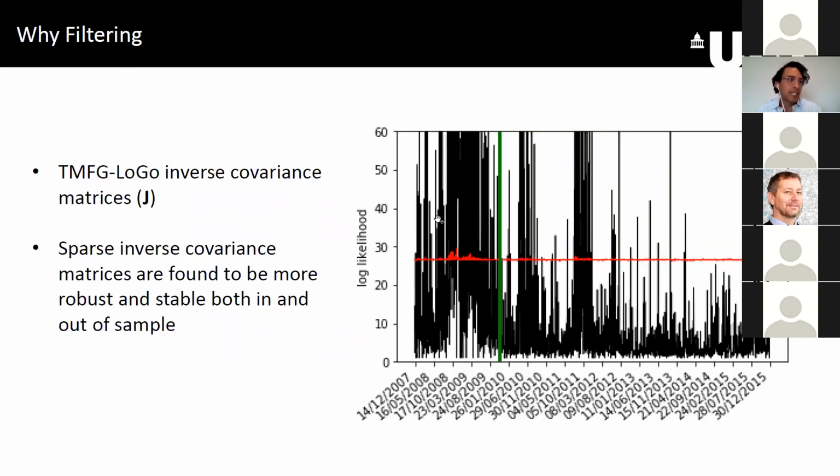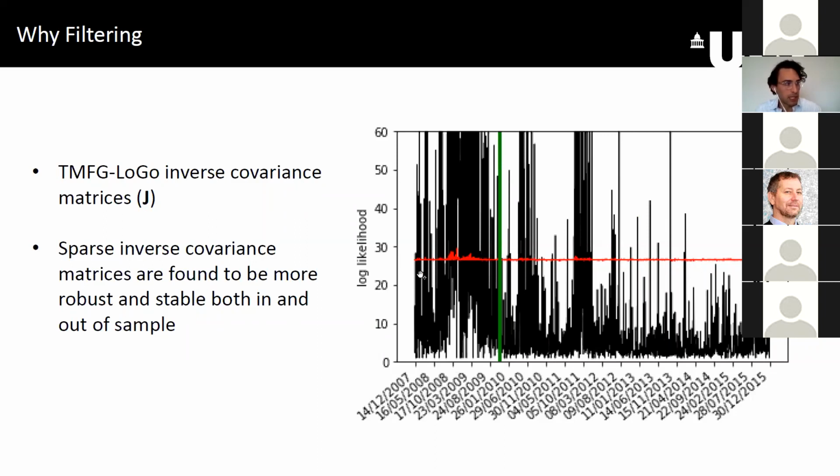The black lines are the daily likelihood observations using a full covariance matrix, and the red line, the same thing using the filtered matrix, the TMFG LoGo matrix. As you can see, the likelihood computed when filtering the matrix is significantly more robust and stable. It's clear from the chart, it's a completely different order of magnitude.